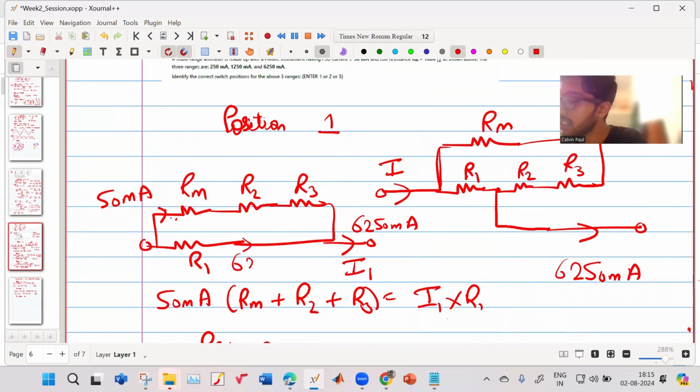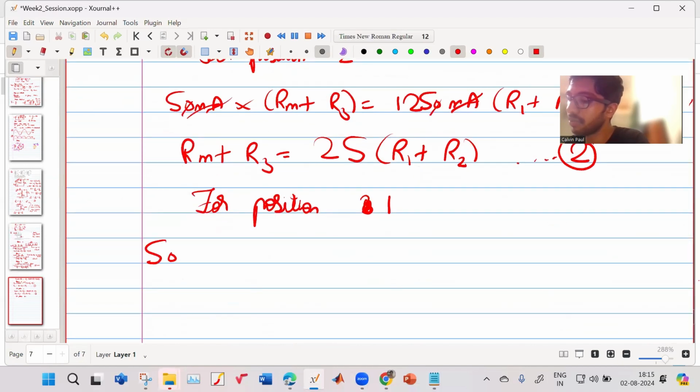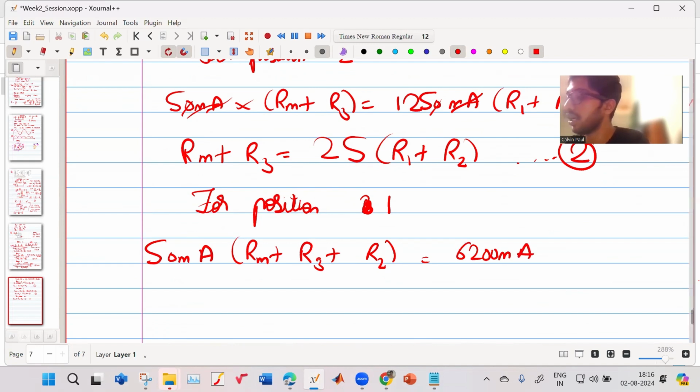So this current has to be 6200 milliampere. That would mean 50 milliampere into Rm plus R3 plus R2 is equal to 6200 milliampere into R1. Milliampere gets cut, 0 and 0 gets cut.